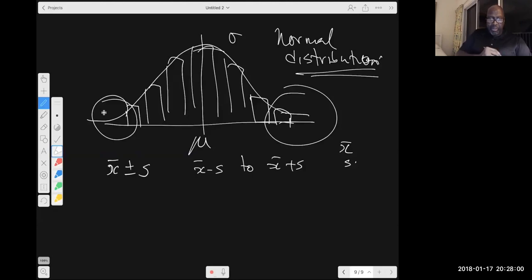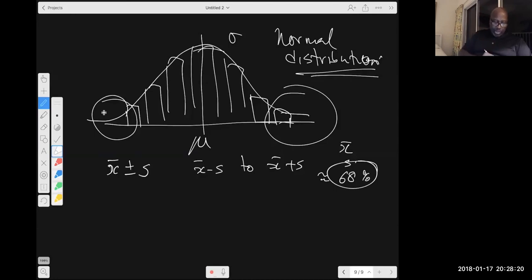If the data came from this bell-shaped curve, which is the population, when I count how many values in my sample are in that range, approximately 68% of that sample should be in that range, within one standard deviation of the mean.